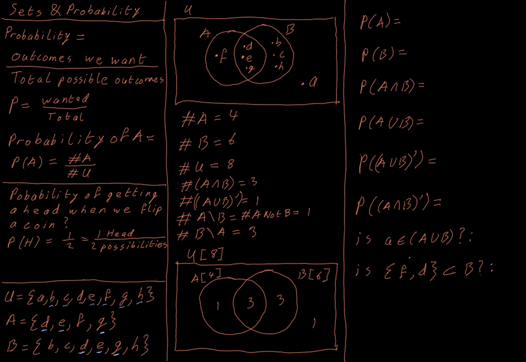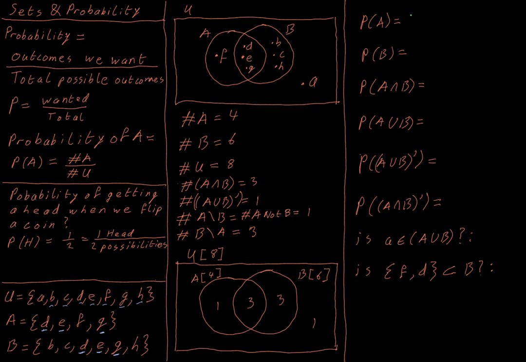It may help us with doing our problems here, because if we want to know the probability of A, if we imagine that these were a bunch of pieces of paper that we wrote all of these letters on, and some of them are in group A and some of them would count as being in group B. The probability of getting one from group A would be the number of letters in group A divided by the total number of letters that we created.